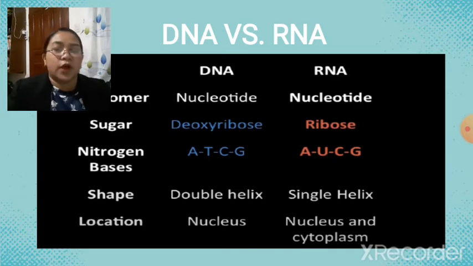However, it is replaced by the letter U, which is called uracil. The shape of the DNA is a double helix, while RNA only has a single helix, and the DNA is located in the nucleus, while RNA is located in both the nucleus and cytoplasm.